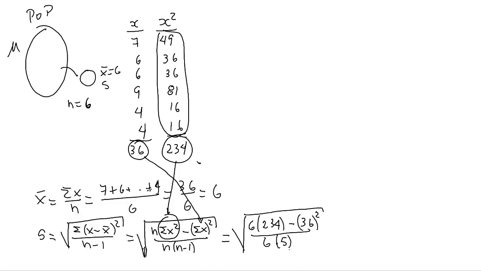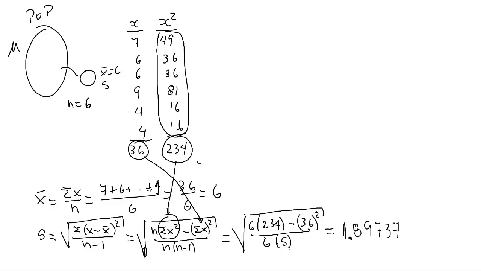When we compute this quantity, we obtain 1.8973. Let's round this to the fifth decimal. I don't know how many decimals we need at the end, but that is the standard deviation.